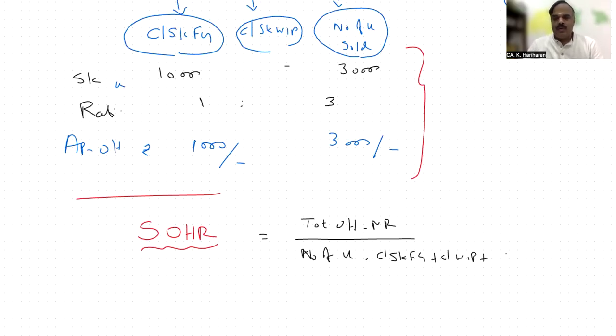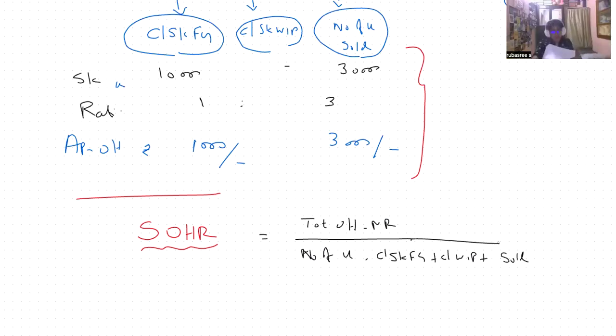Now, total overhead due to normal reasons comes to how much? 4,000. Am I right?